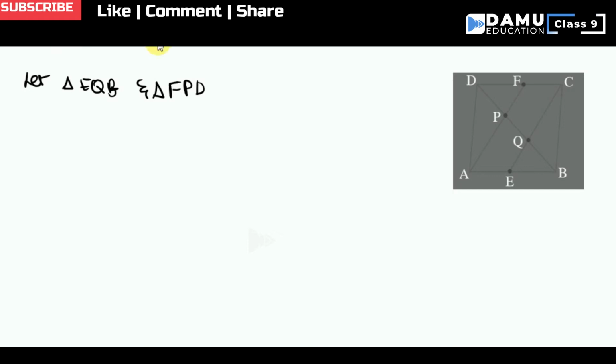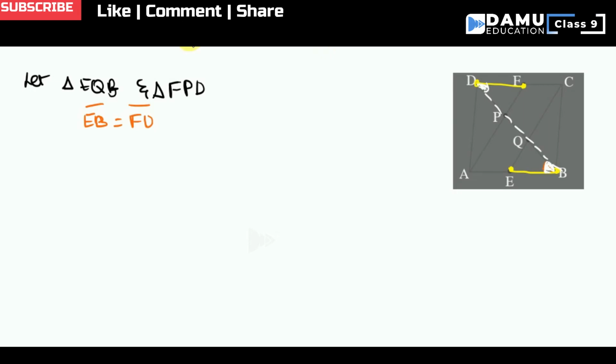From both, you can write that EB will be equal to FD, so this side is equal to this side. Next, this angle will be equal to this angle. Why? Because here BD is acting as a transversal between parallels.